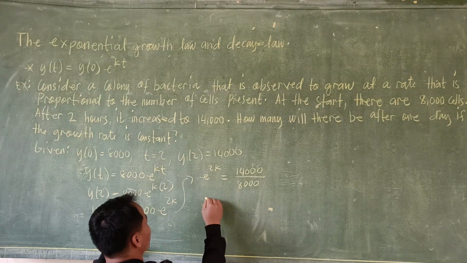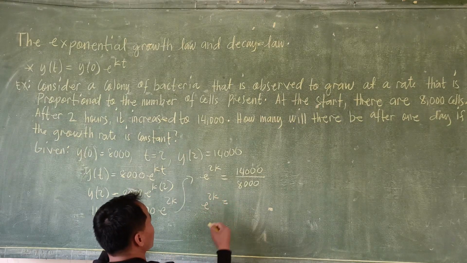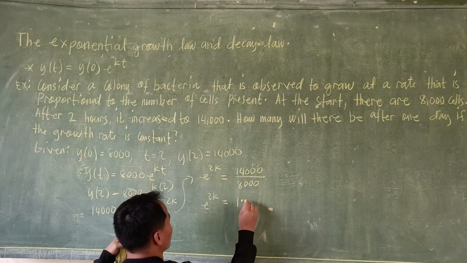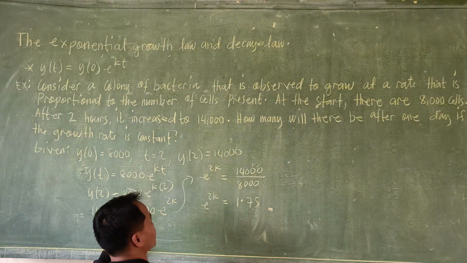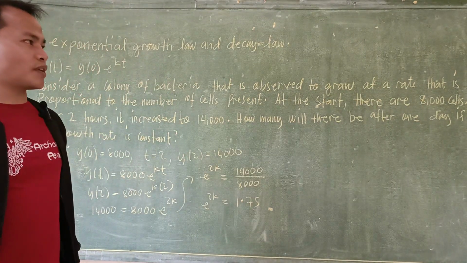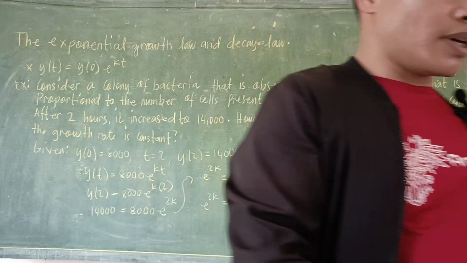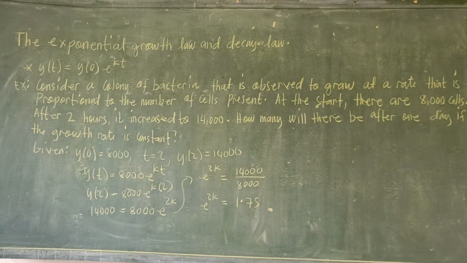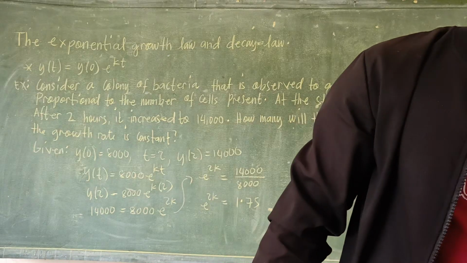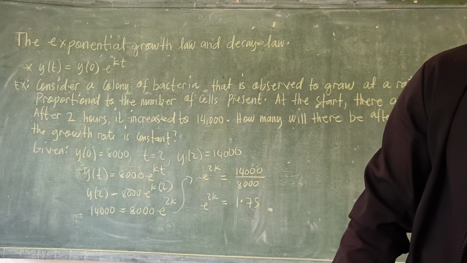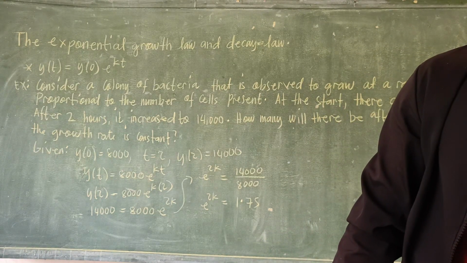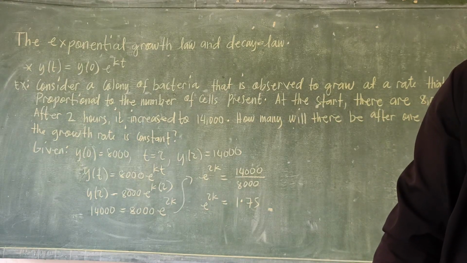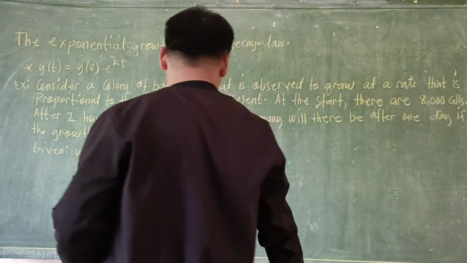So e to the power of 2k is equal to what? 1.75. Let me verify with my scientific calculator: 14,000 divided by 8,000 is 1.75. So that is correct.